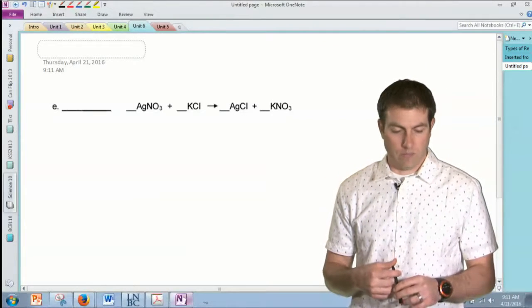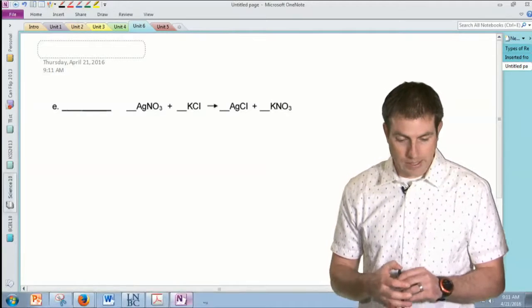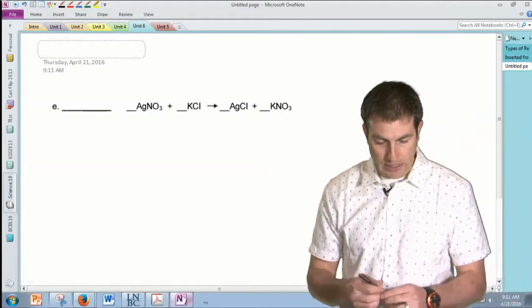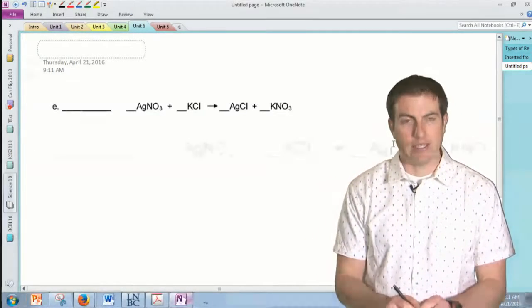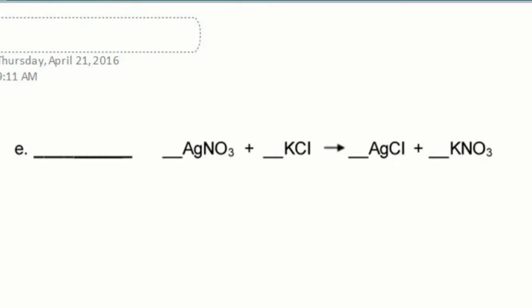So, okay, when I look at E, I'm trying to identify the type of reaction taking place, and I notice I have compounds to begin. So remember, we're always looking at either side of the arrow, reactants and products. And on our reactant side, I have a metal and a polyatomic.